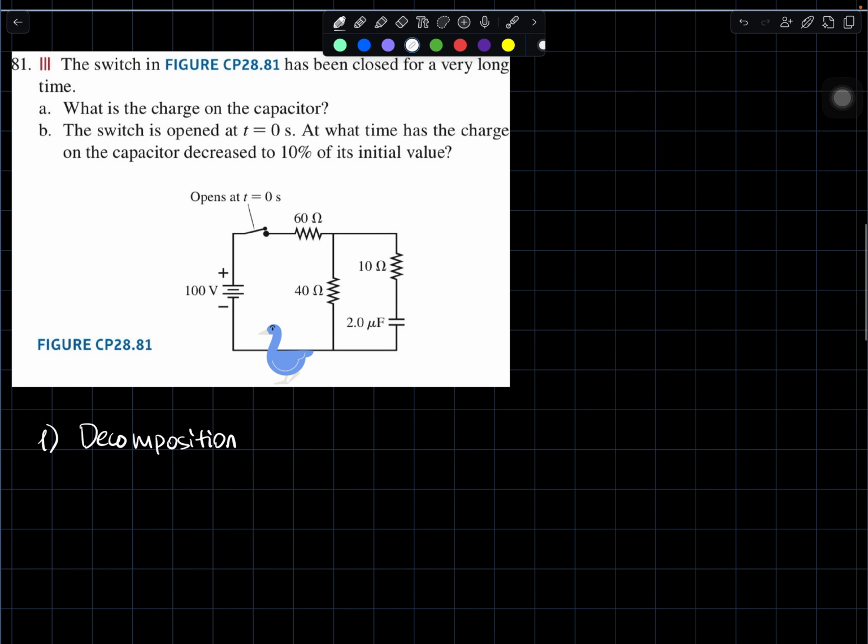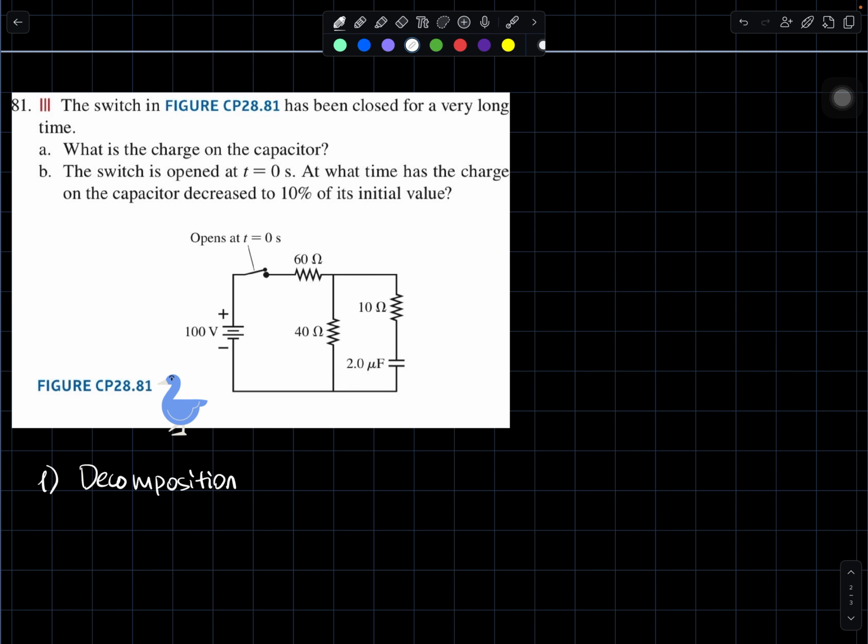So I decompose this into two separate phases. Phase 1: the switch has been closed for a very long time, and I need to find the charge on the capacitor.